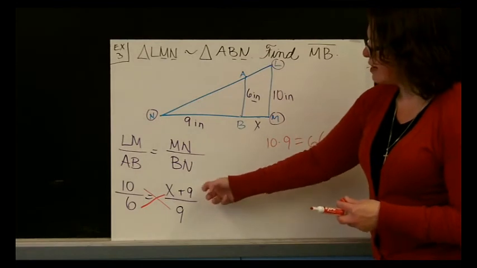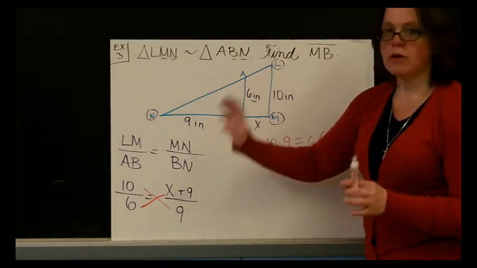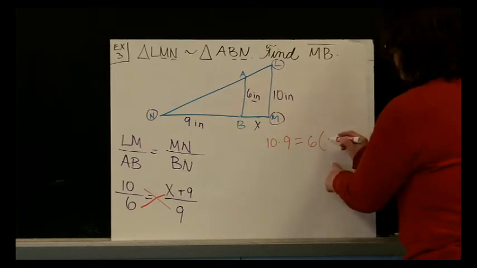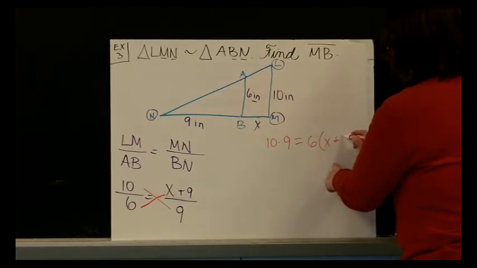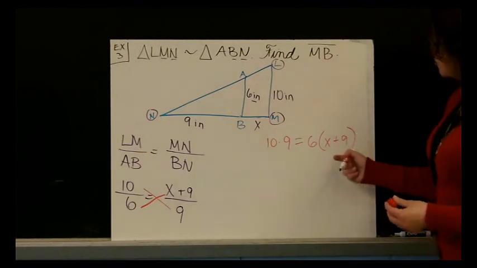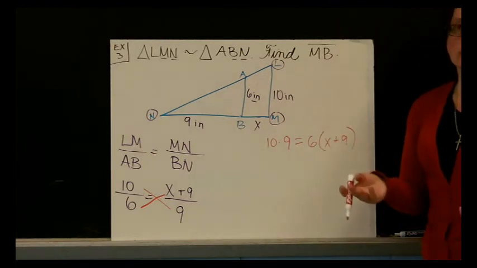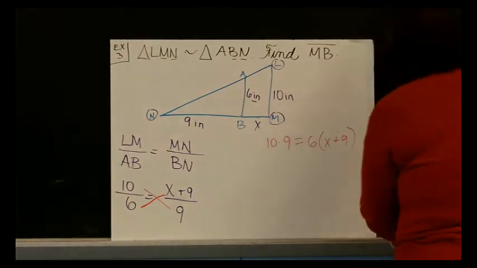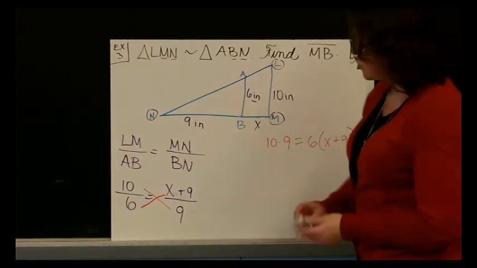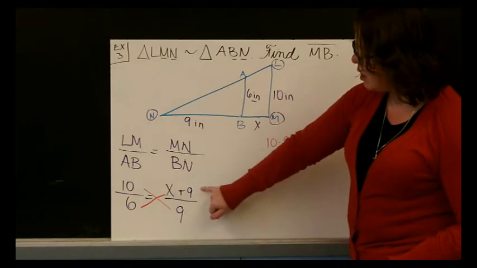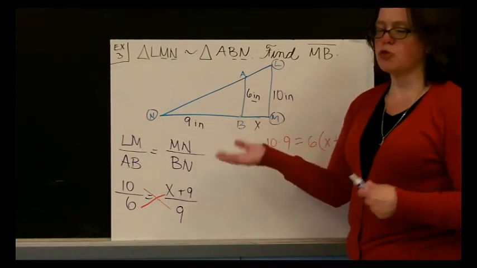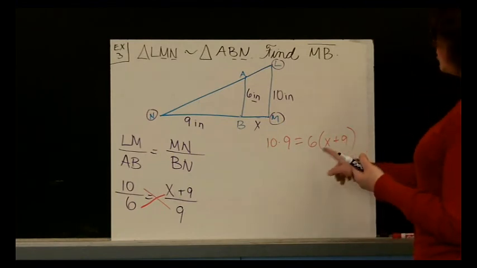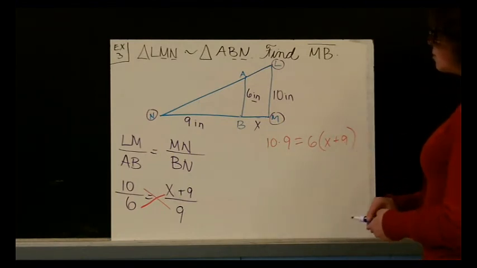When you have an expression in either the numerator or the denominator, enclose it in parentheses. Because if you don't, you might forget to use the distributive property. So it bears repeating. When you have an expression, not just a single variable, in either the numerator or the denominator, and you're using cross products, please put it inside parentheses.